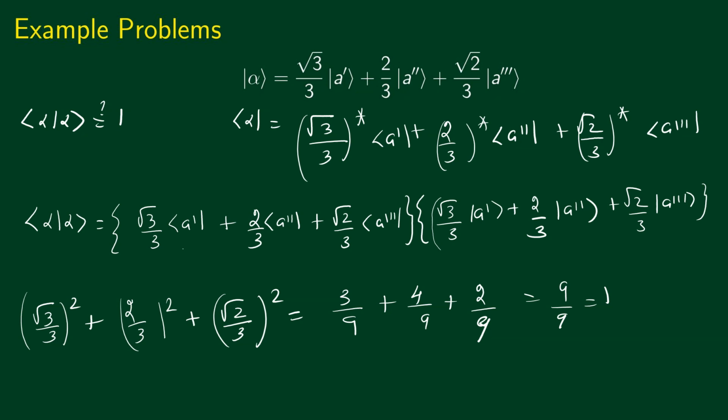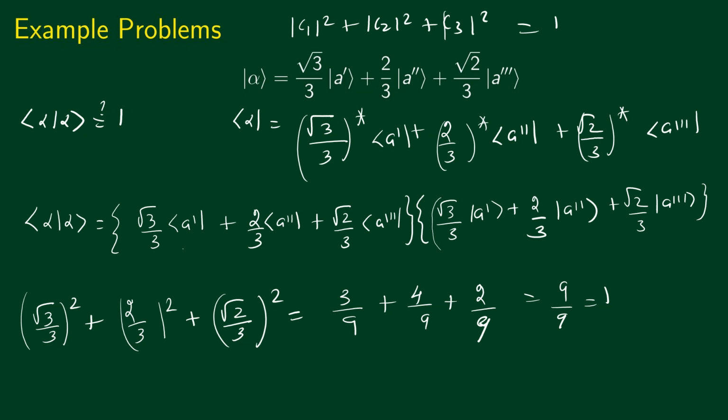What we have done here is simply take each expansion coefficient, square them and add them. So the condition for normalization of the vector is that you just take the modulus square of each expansion coefficient, add them and check if this is equal to 1. If this is equal to 1, then we say that the state is normalized.